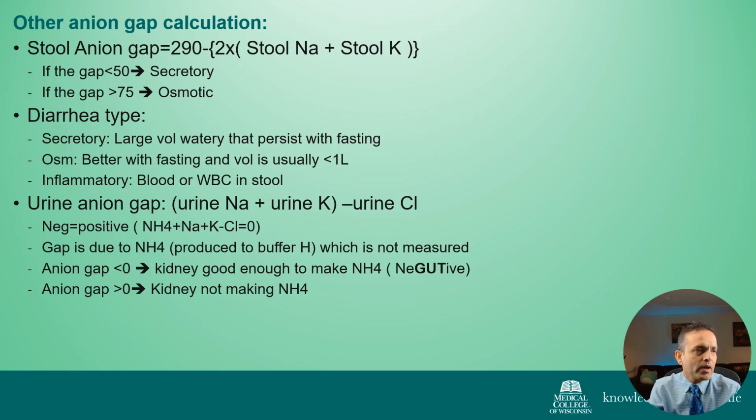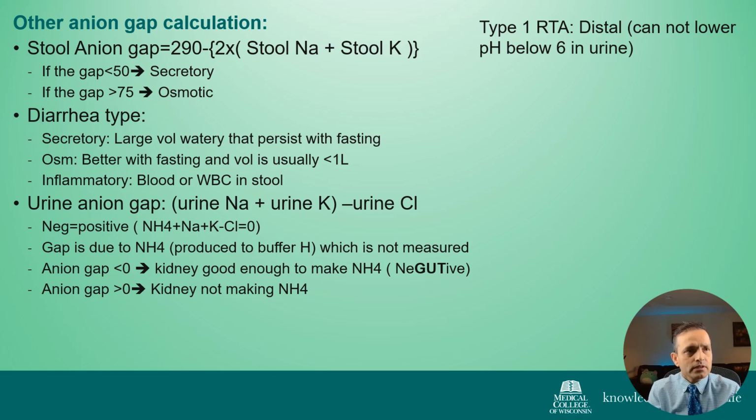So a significant amount of that positive charge compartment would be occupied by sodium and potassium, and that results in a positive anion gap. So the way I remember is negative: if it is coming from the gut, that anion gap is going to be less than 0. Negative, so it's coming from the gut. If it is coming from the gut, that means the kidney is good enough to make ammonium.